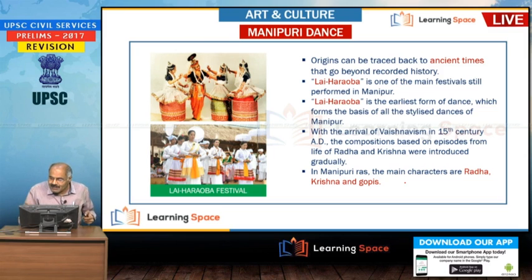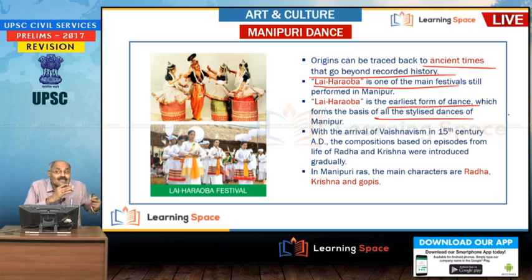Then Manipuri dance. Manipuri origins can be traced back to ancient times that go beyond recorded history. When you are talking about Manipuri dance, one important aspect is Lai Haroba. Lai Haroba is one of the main festivals still performed in Manipur. This Lai Haroba is the earliest form of dance which forms the basis for the stylized dances of Manipur.